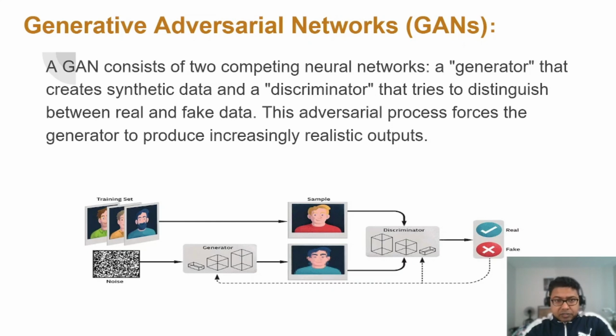So what happens, if you see this image here, the training data, now we have fed billions of training data. With this training data, this model has a discriminator, and based on this training data, it can understand what is what.